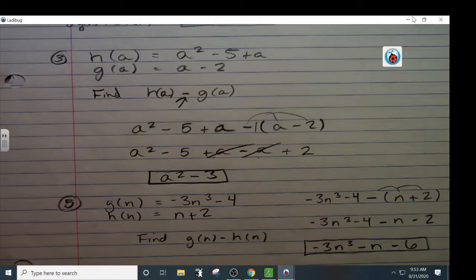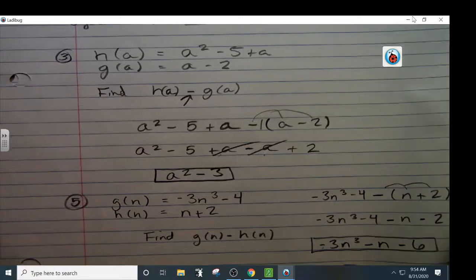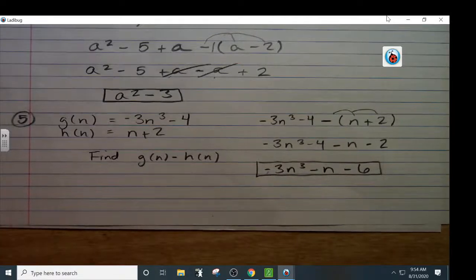We will get into some more. Let's try one like number 10. The only problem with number 10 is you're going to be dealing with fractions.